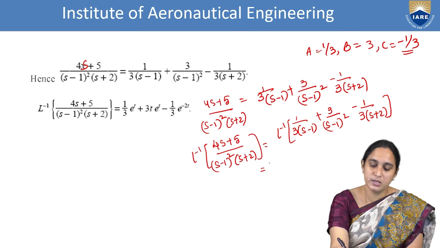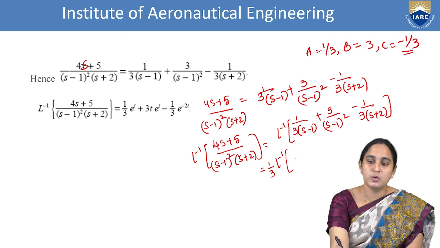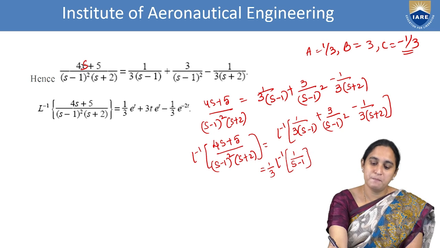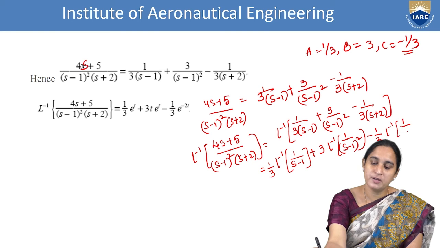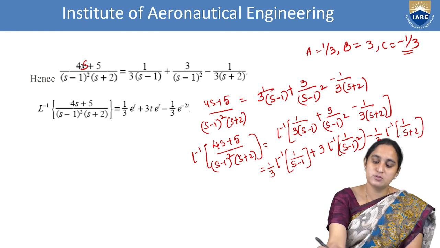That is equal to, here 1 by 3 I am taking outside, 1 by 3 into Laplace inverse of 1 by (s minus 1) plus 3 into Laplace inverse of 1 by (s minus 1) whole square minus 1 by 3 into Laplace inverse of 1 by (s plus 2).